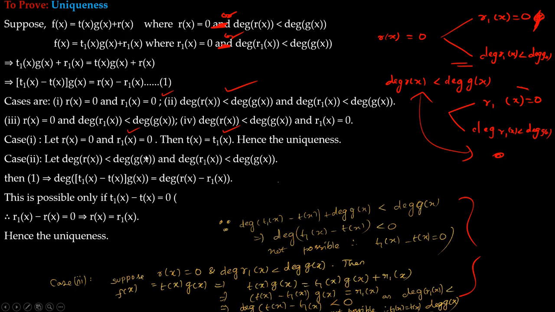Next is the case, this case, this and this one. Degree of R of x less than degree of g of x, and degree of R1 of x less than degree of g of x. So this equation 1 now becomes degree of t1 of x, but the degree should be the same. So this is what we have.